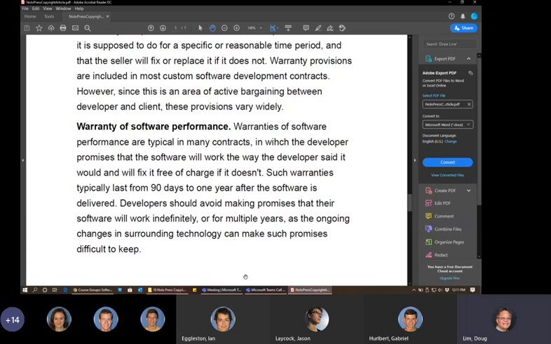But typically, the warranties will last from 90 days to a year, and over a year is very atypical of a contract, because that starts to become a severe liability for the developer to have to continue to support the software without additional payment beyond that year. So did that answer your question, Ian?